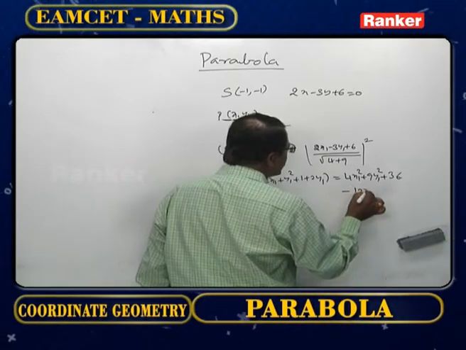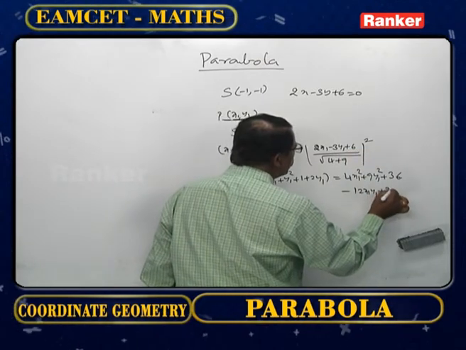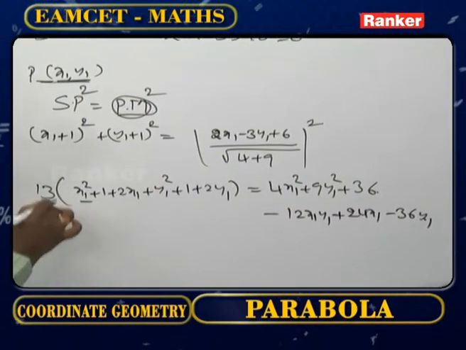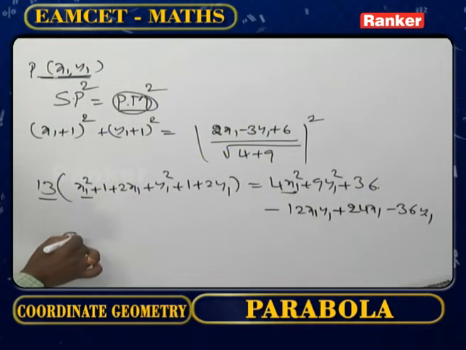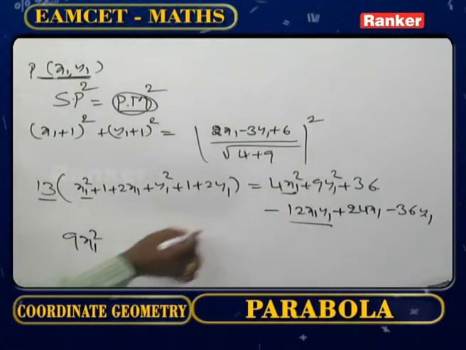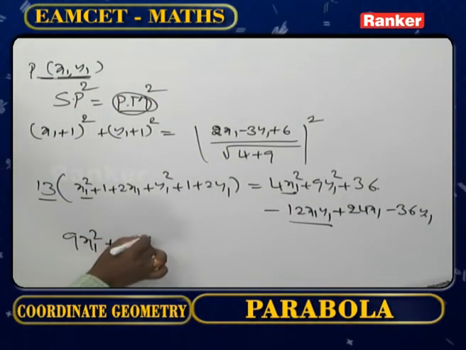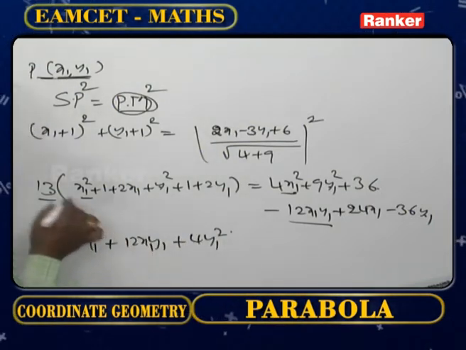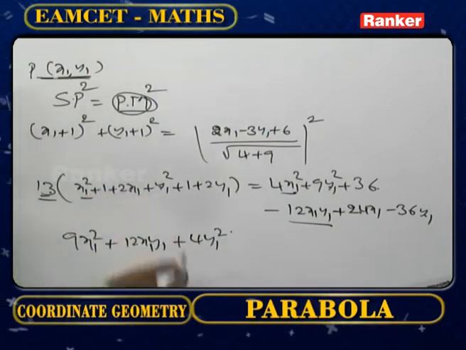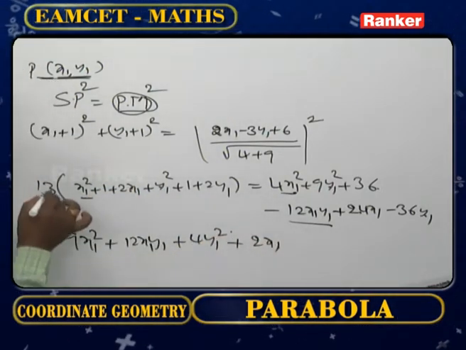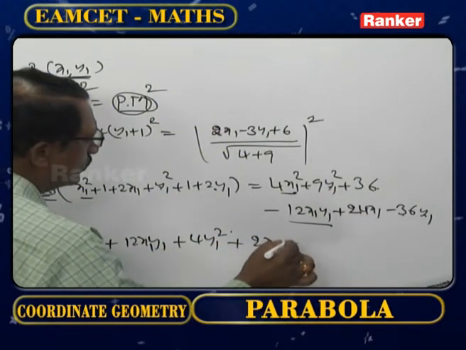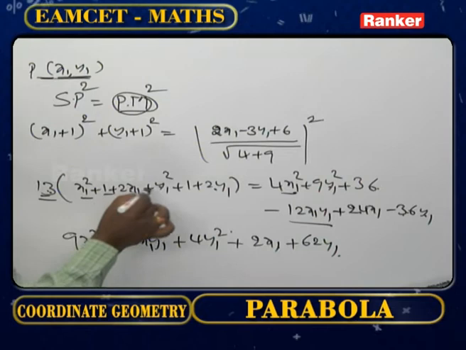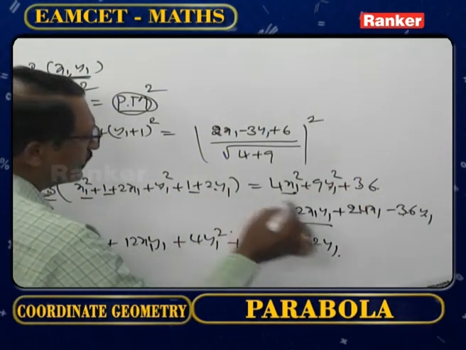Now further simplifying: 13x1² - 4x1² gives 9x1², then 12x1y1 taken to the left side, 13y1² - 9y1² gives 4y1², 26x1 - 24x1 gives 2x1, 26y1 + 36y1 gives 62y1, and 26 - 36 gives -10.